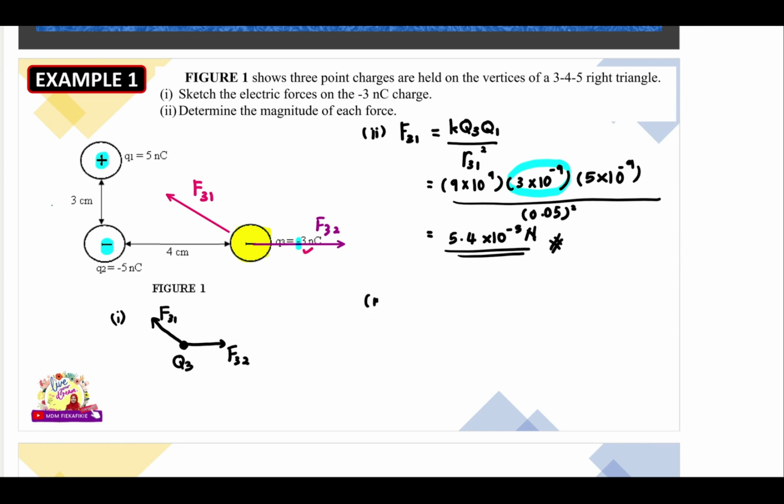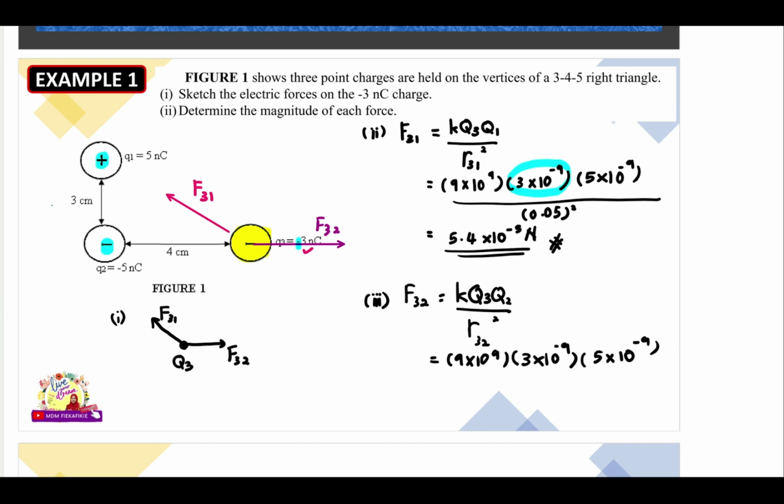And number 3, okay, kita ada F32. So F32 is equal to K Q3 Q2 over R32 square. Okay, so we can substitute all the values. Okay, Q3 tadi adalah 3 nanocoulomb. And Q2 is 5. Okay.